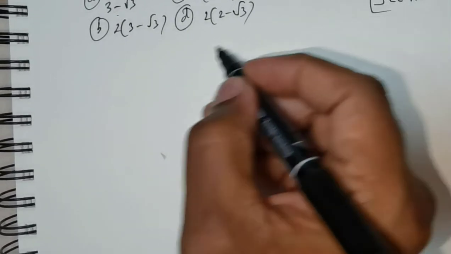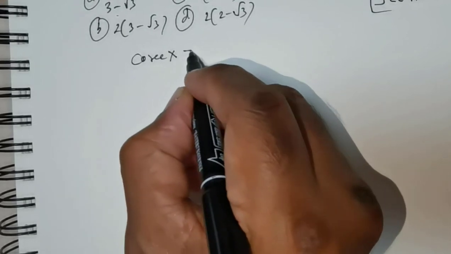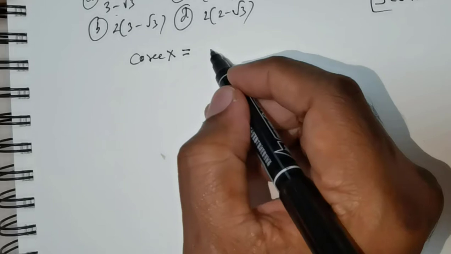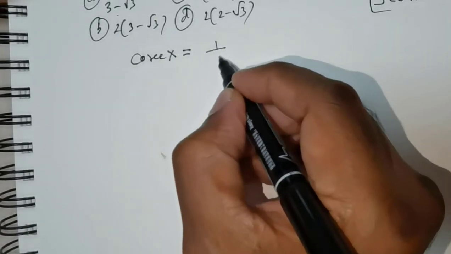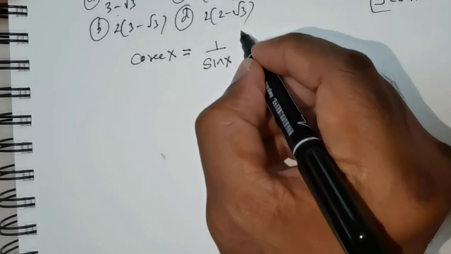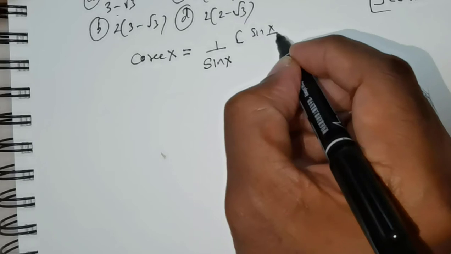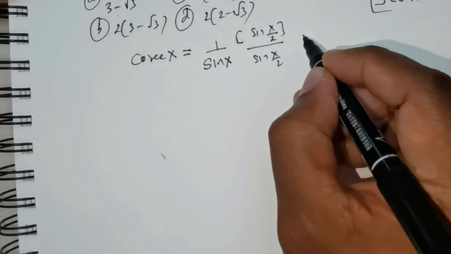Now, before I solve this question, I would like to draw attention to the previous question and how exactly I started off. It was a proof. I considered cosecant x, which I know to be 1 over sine x, then I multiplied the numerator by sine of x over 2 and divided by sine of x over 2.